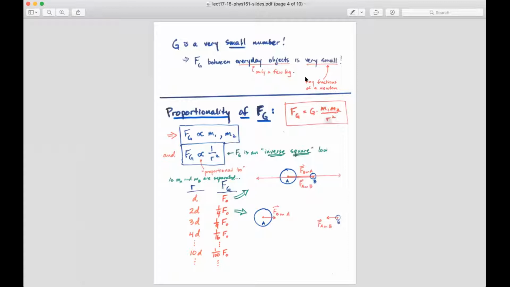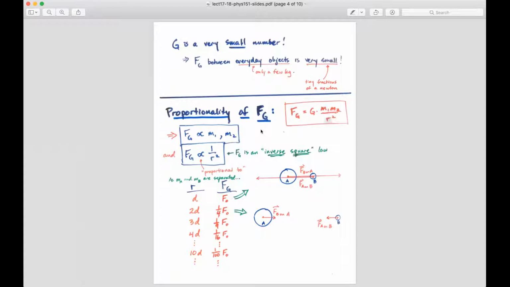That's one of the example problems in tutorial 17, and I'll leave it to you to try calculating that. But that incredibly weak force, less than a millionth of a Newton, means that it doesn't affect our lives. When a group of people walks by us, we don't suddenly feel some force pulling us out of our seats toward them.